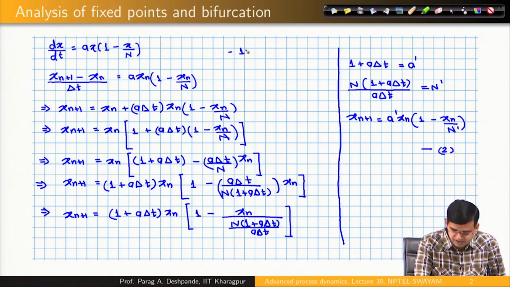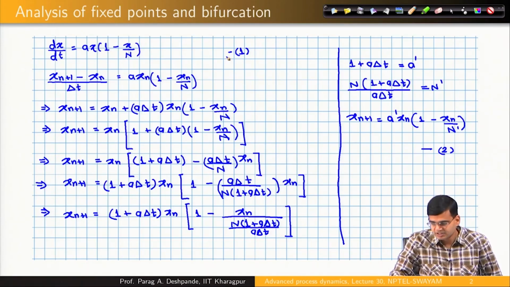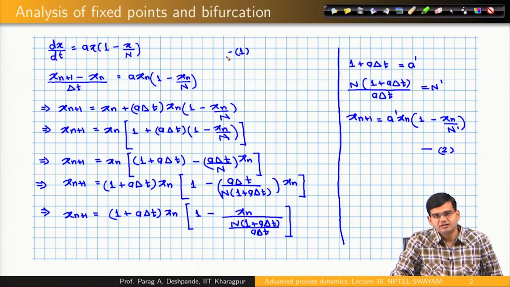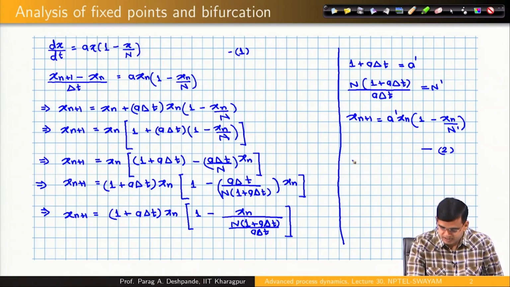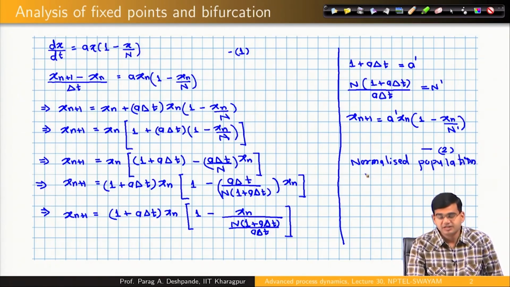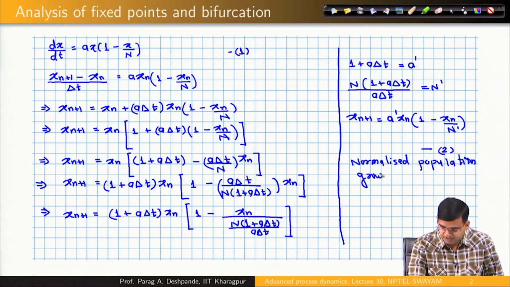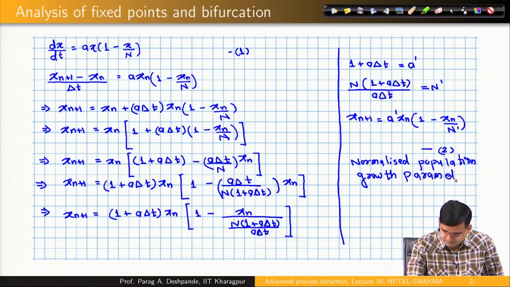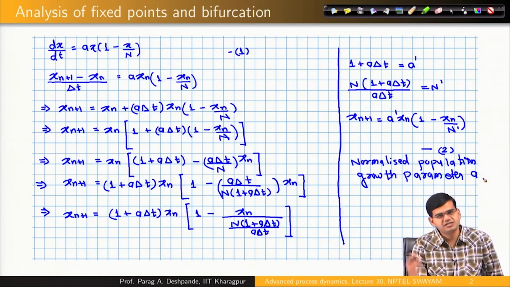So, now I can analyze equation 2. Let me call this equation 1. Equation 1 is in continuous domain, equation 2 is in discrete domain, and let me analyze this in discrete domain for a normalized population, using the growth parameter simply as a, it is a matter of notation.